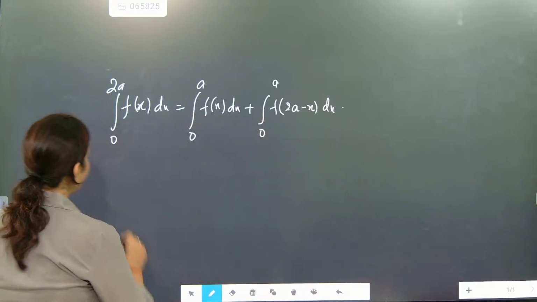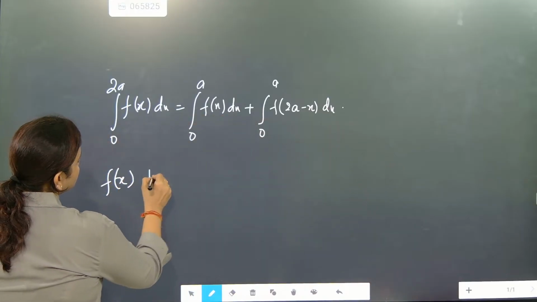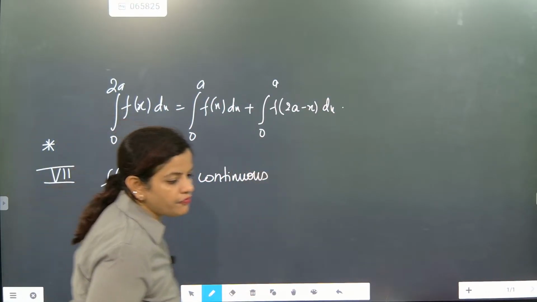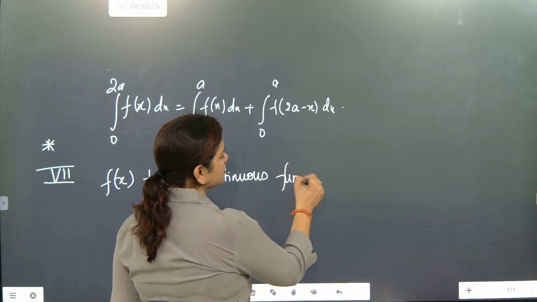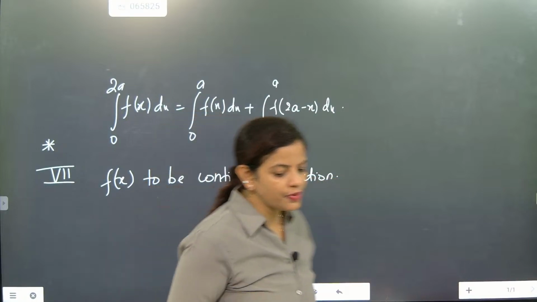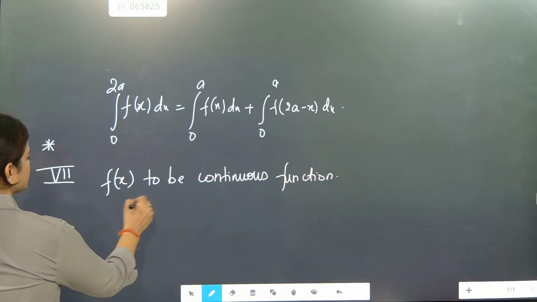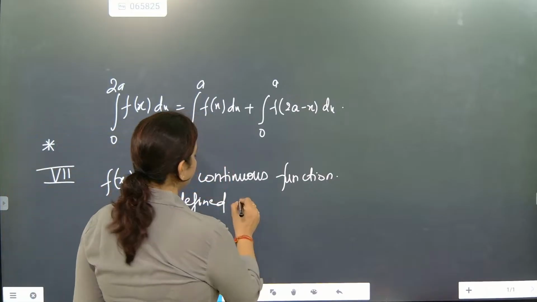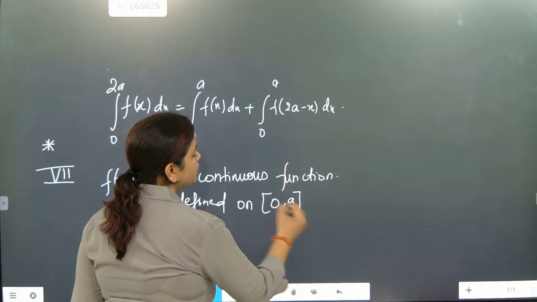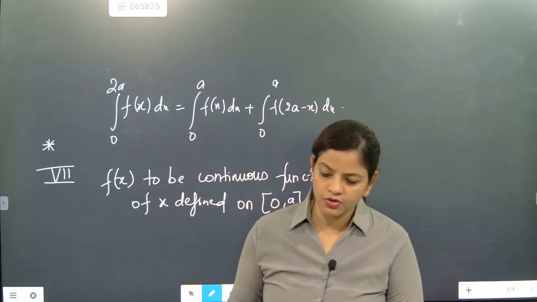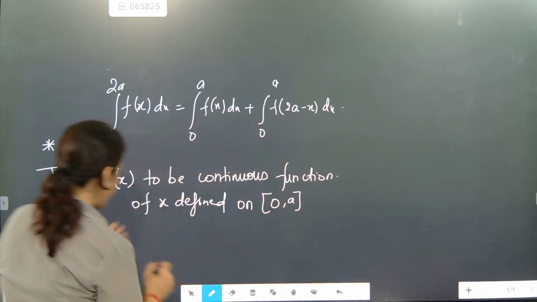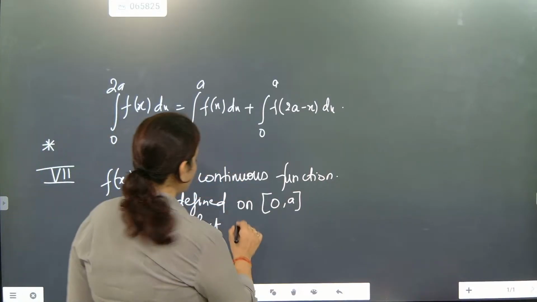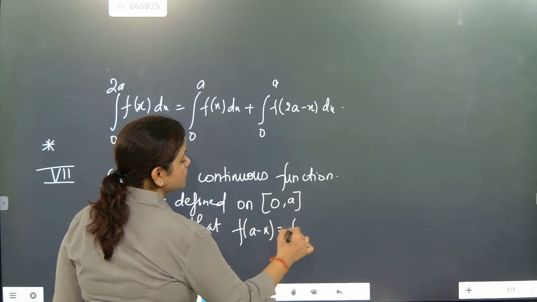See, look here. Let f of x be a continuous function defined on the closed interval 0 to a, such that f of a minus x is equal to f of x.